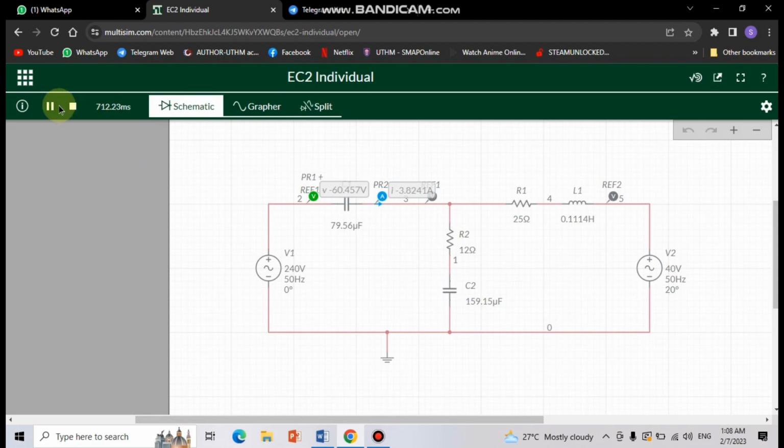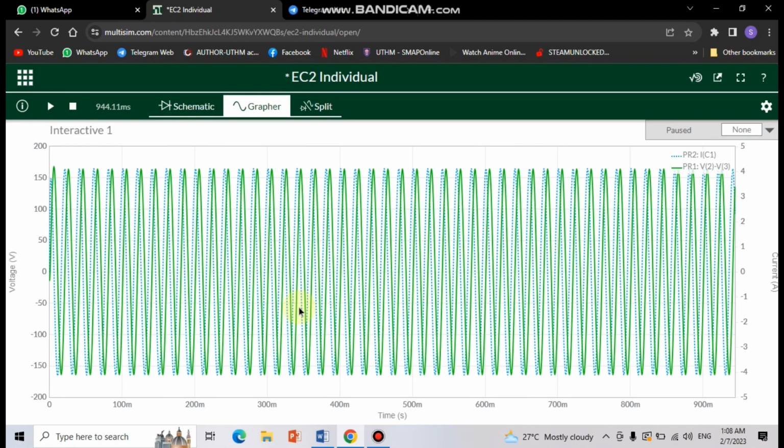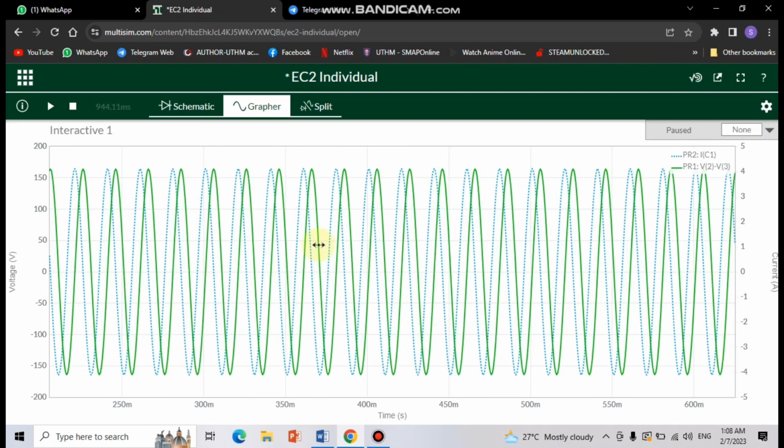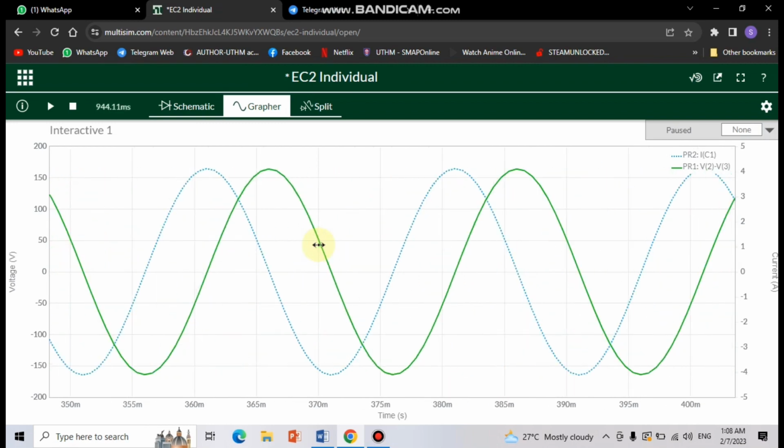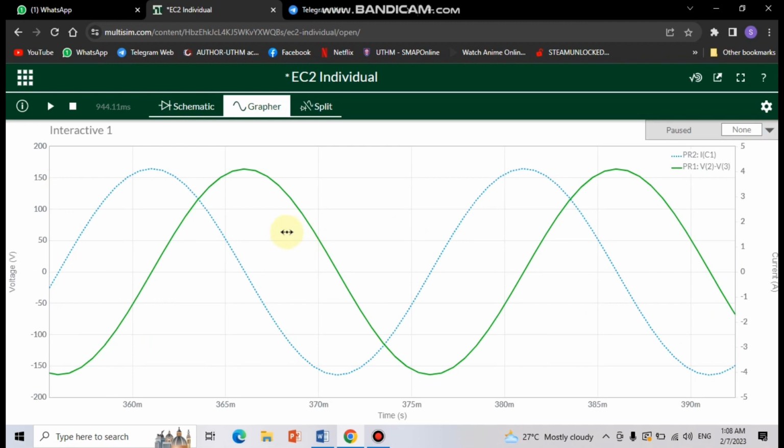After that, we have to pause it and then go to the graph. We expand it, and then we choose the peak value of the graph to measure the value of voltage and current. Firstly, the green graph is the voltage value.